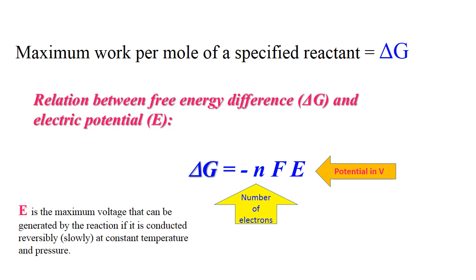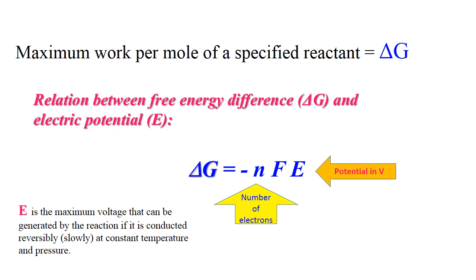Now, the maximum work that 1 mole of a specific reactant can do in a chemical reaction is named delta G, the difference in free energy. This is from the thermodynamics chapter in your second semester general chemistry textbook.